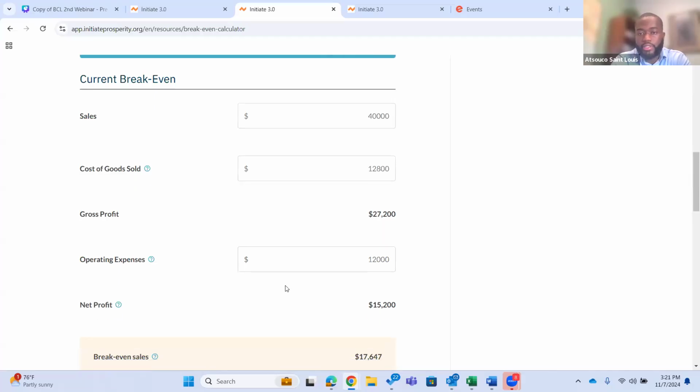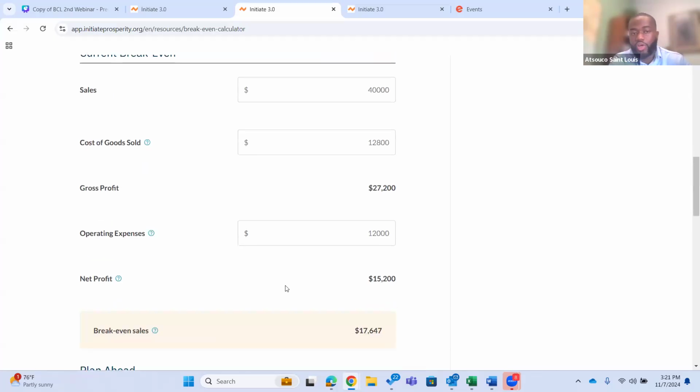And his operating expenses are probably at $12,000. Operating expenses can range from an array of things, such as, let's say he is currently paying a monthly subscription to have his website on, or his credit card processing, things of that nature. So he can say that, okay, $15,200 is what my net profit is going to be.